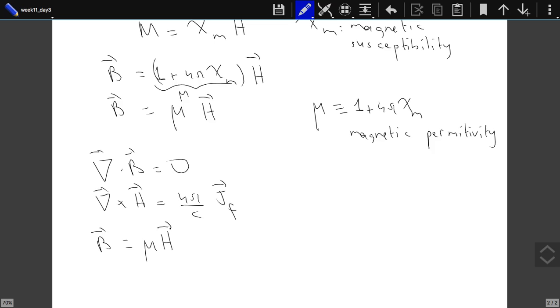Now, a couple of things we have to do before continuing. In general, we have some material inside some other material. One boundary is at infinity, and the space is filled with one material, which can be the vacuum. Inside this, we put some other material with some other magnetic induction.